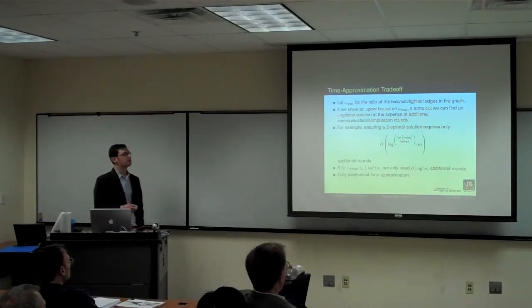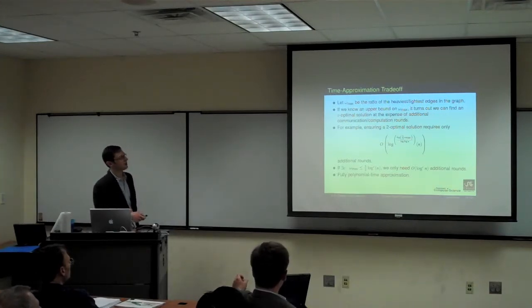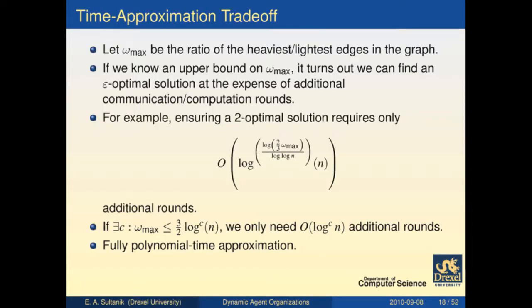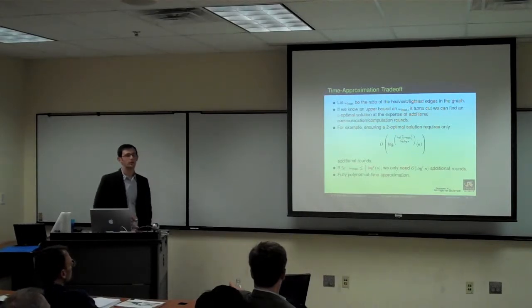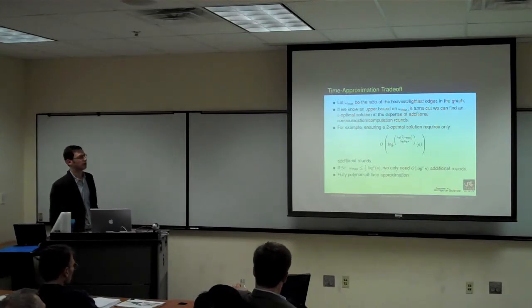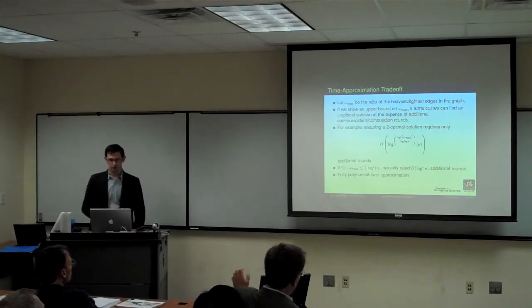So for example, if we want epsilon to be 2, to ensure a 2 optimal solution requires this many messaging rounds. And if this upper bound on the heaviest edge satisfies this inequality, then we will only need polylogarithmic additional rounds. So in this case, if we have this upper bound, then in many cases we can solve the entire problem in polylogarithmic runtime. So this means that we have a fully polynomial time approximation.